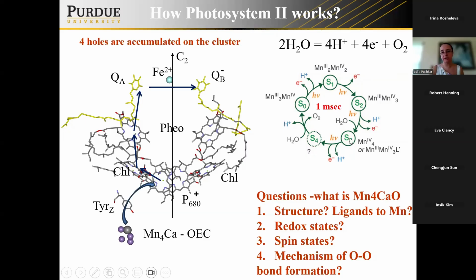So the slowest step, between S3 to S0, takes 1 millisecond. So you cannot measure the system quicker. If you want to study this catalytic cycle, you have to have a certain rep rate, which is not great. You can't do kilohertz probably. So you have to observe this 1 millisecond catalytic step.